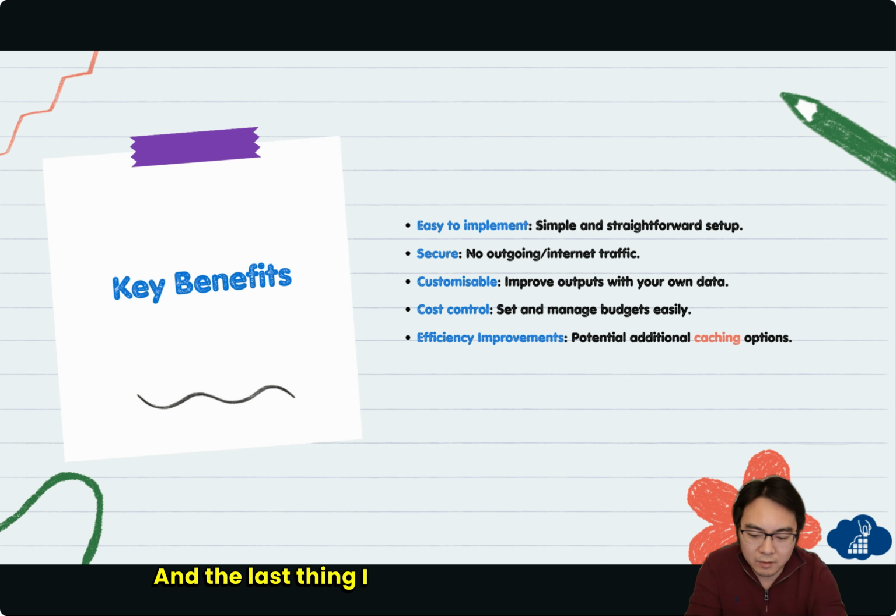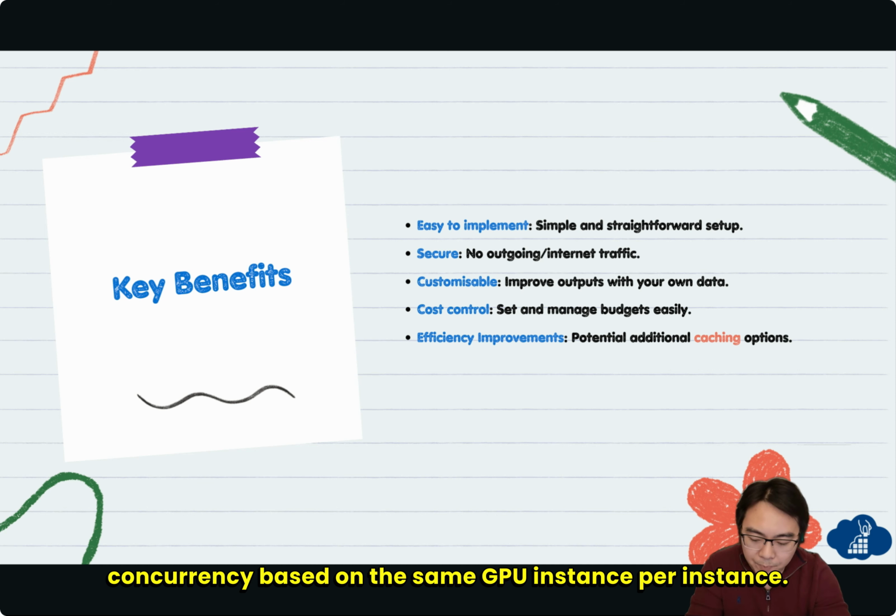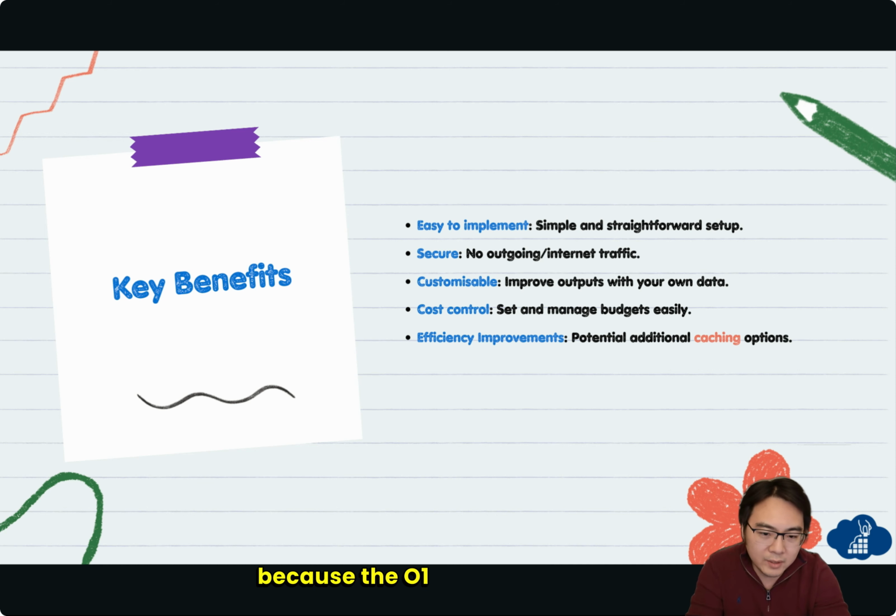And the last thing I think is important as well, right? If you think about efficiency improvements, although, as I mentioned, I couldn't figure out many more ways to do some clever caching to improve concurrency on the same GPU instance. And I think this is primarily because O1 is very expensive. So does R1, right?